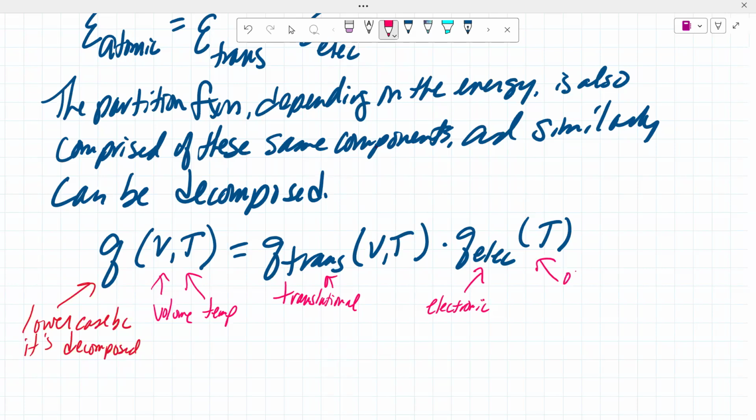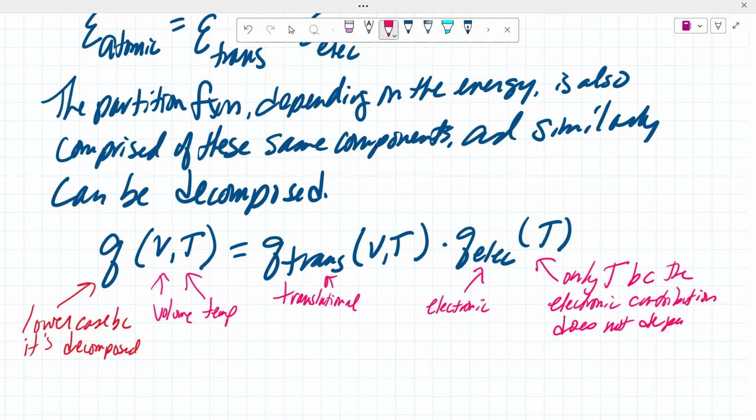This is only T, because the electronic contribution does not depend on the volume V. But translation does depend on V because we need to move it around, right?